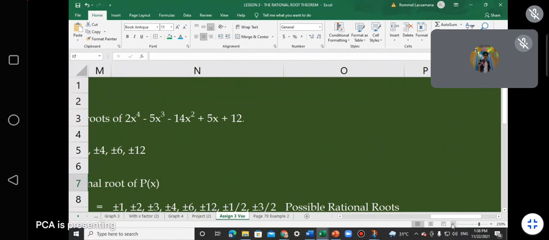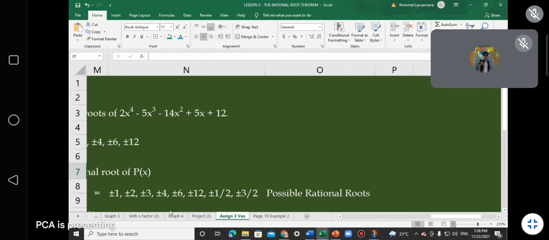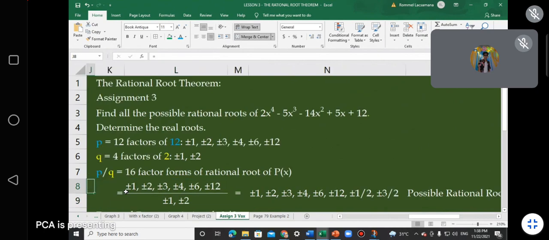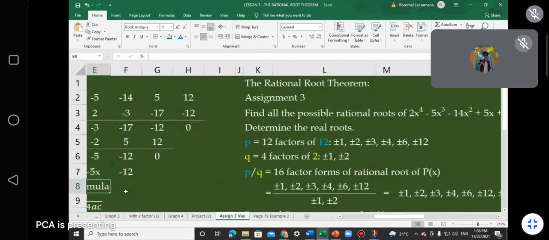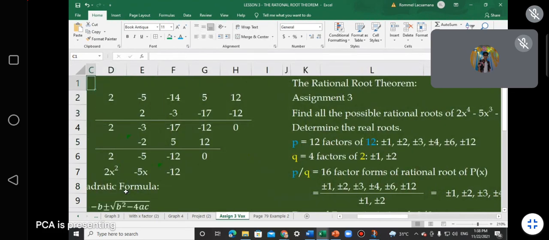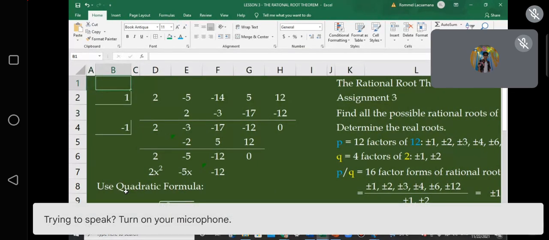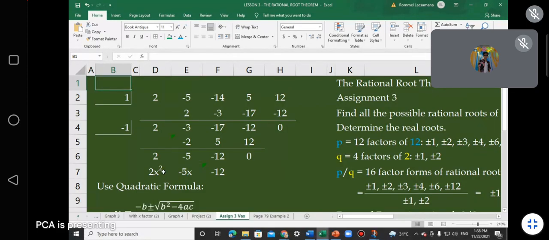So they assumed solving for the real roots. For the rational roots, how many times did it take them to use synthetic division? It's 8 or 16 times. But for me, I'll just use this one.